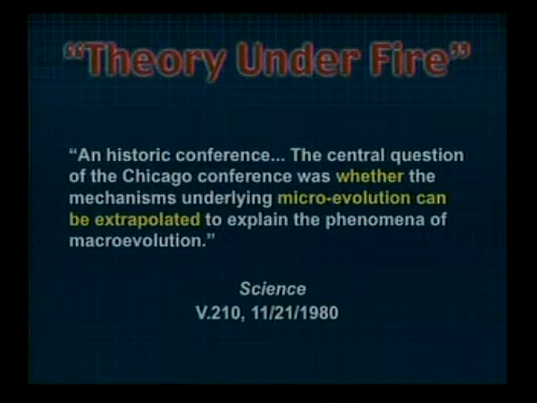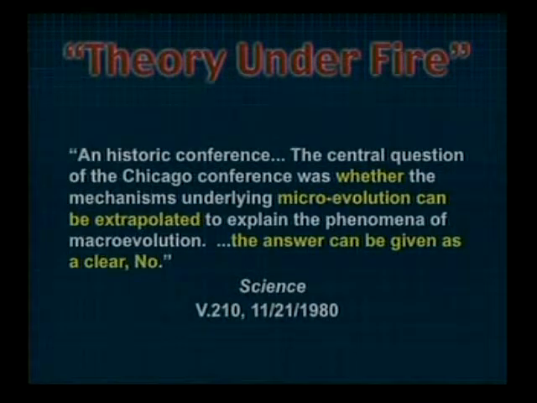The central question of the Chicago conference was whether mechanisms underlying micro, this was the term there, little bitty evolution, can be extrapolated or extended forward to explain the phenomenon of macro, big evolution. Do the little ones add up to the big ones, is another way of saying that. Can that happen? That's what the conference was about. The answer can be given as a clear no. And these were 300 of the leading authorities in the field.